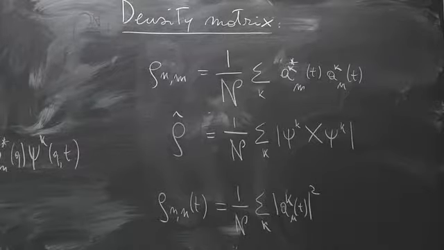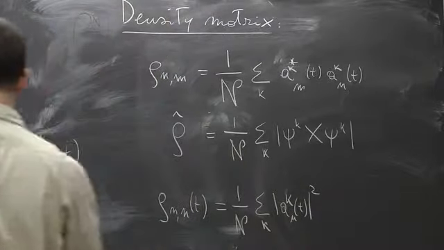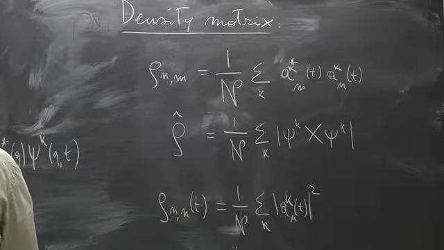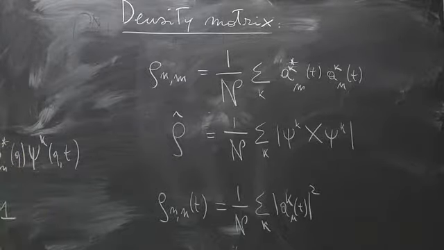Now, what are the properties of this density matrix? One property is that, since the states are a complete orthonormal basis, the sum over all the states of the amplitudes modulus squared must be equal to 1.